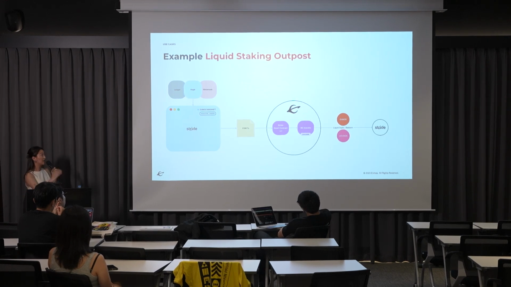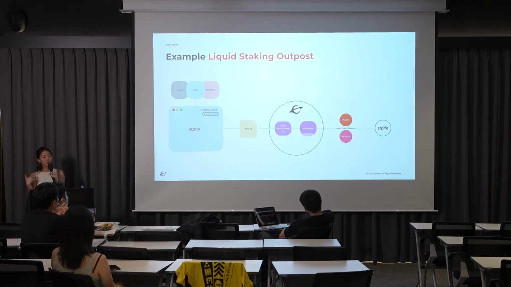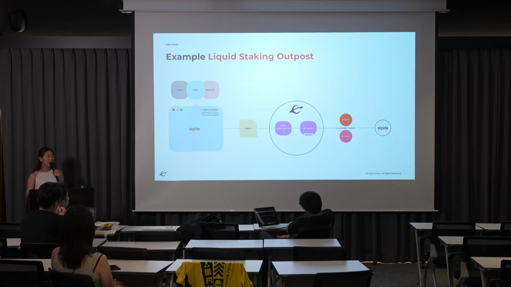But now, with EVM extensions, the user can stay on the Evmos mainnet. They can send an EVM transaction to a smart contract with a note that basically says, hey, I want you to perform an IBC transfer. Because when Stride receives an IBC transfer, it has logic to do this liquid staking transaction and send the Evmos or the liquid stake tokens back.